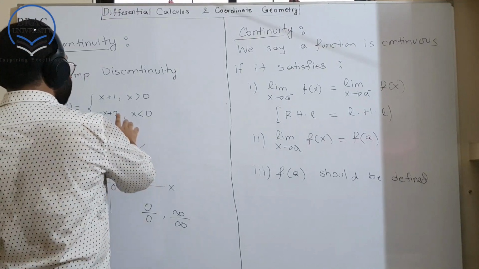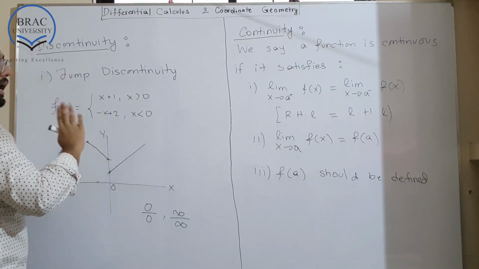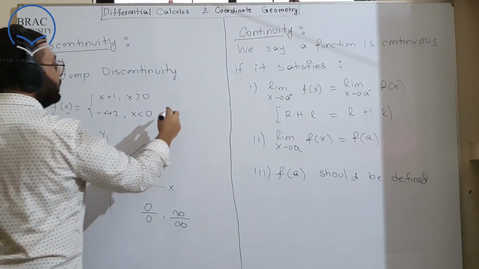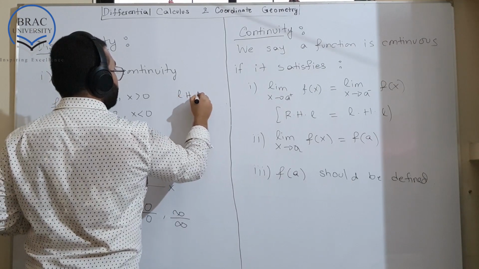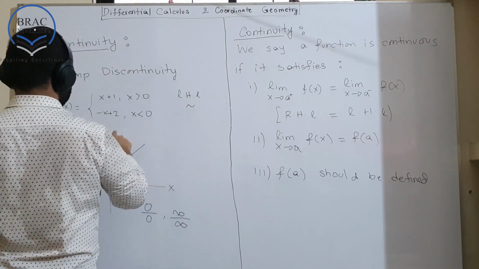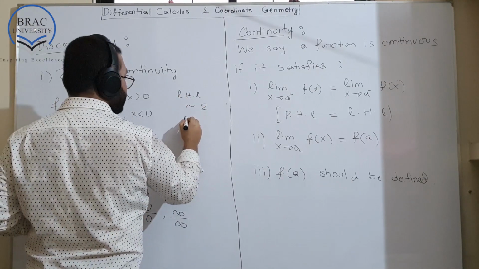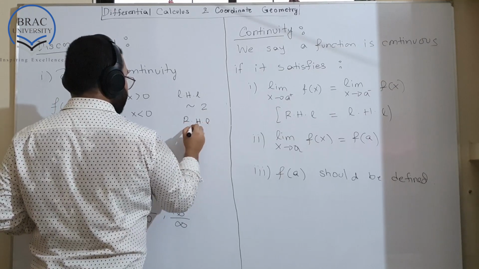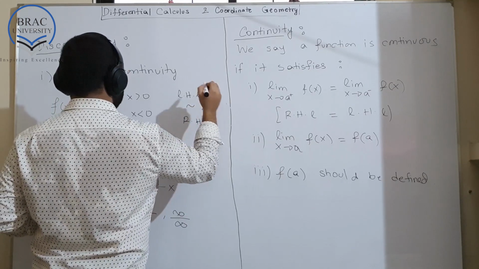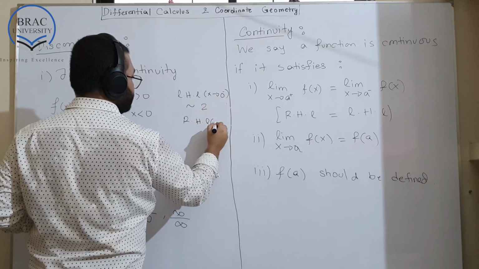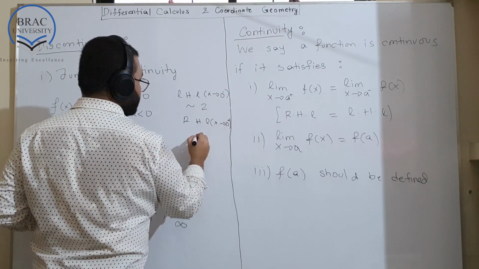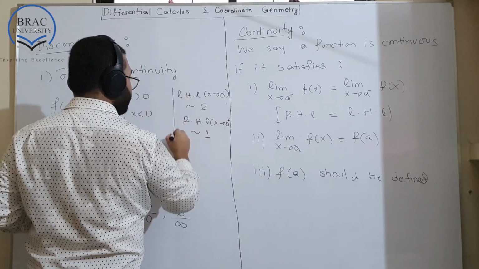Here, both the left-hand limit and right-hand limit do have a value. We found that the left-hand limit was 2, and the right-hand limit, when x goes to 0, was 1.